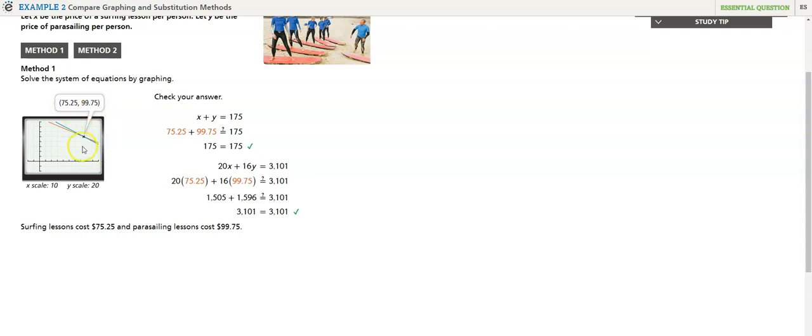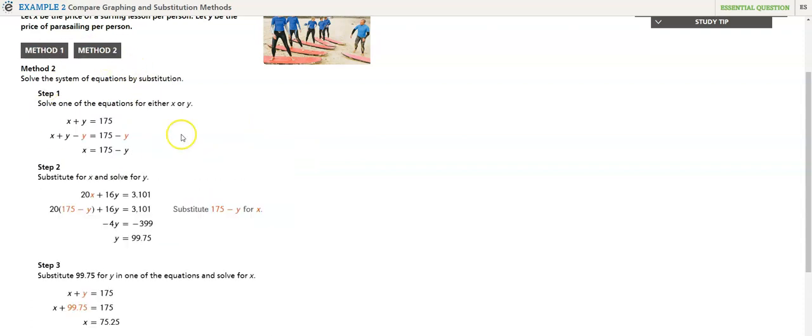If you were doing this by hand and on paper, you probably would have rounded this to just 75 and rounded this to just 100. This is one of those reasons why graphing is not super precise. Okay. The one positive that graphing has, though, is that you get to do less math. Once you graph your points, you just have to check your work and see if they check out, and then you have your answers here.